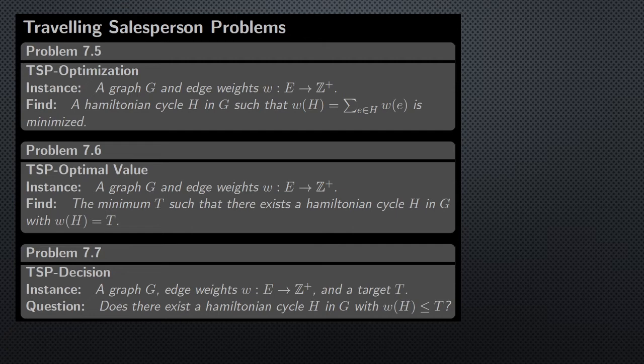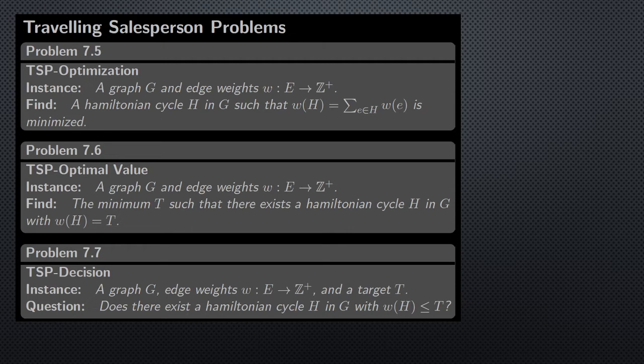Which is very related to finding Hamiltonian cycles, and we'll show Turing reductions, polytime Turing reductions between all three variants of this problem, to show that actually all three of these problems are polynomially equivalent, meaning if you could solve one of them in polytime, then you can solve all of them in polytime.